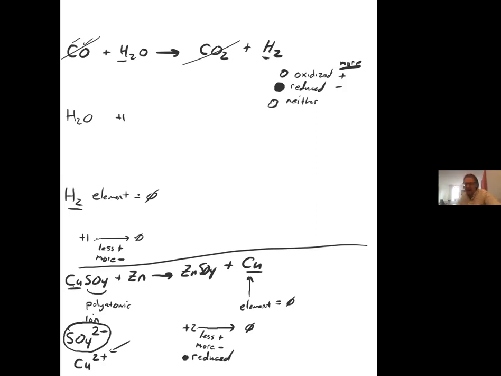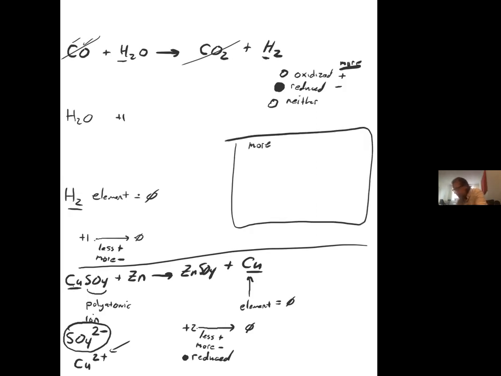Okay. As you do these problems, you might want to have a little flashcard next to you. And in the flashcard, maybe put, more positive equals oxidation or oxidized. And then less positive is equal to reduced.